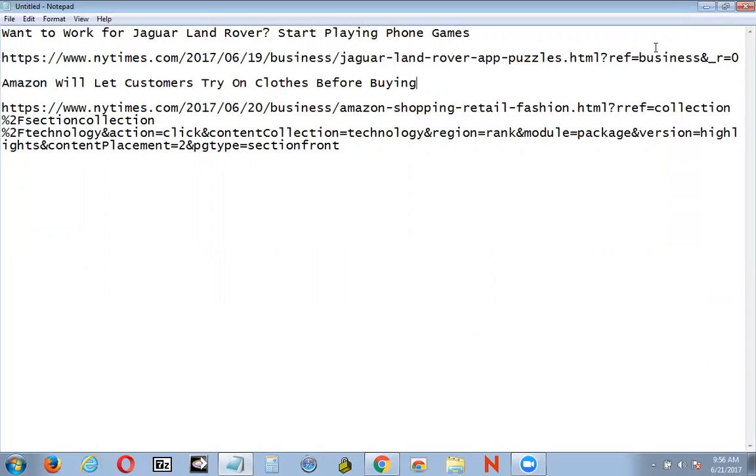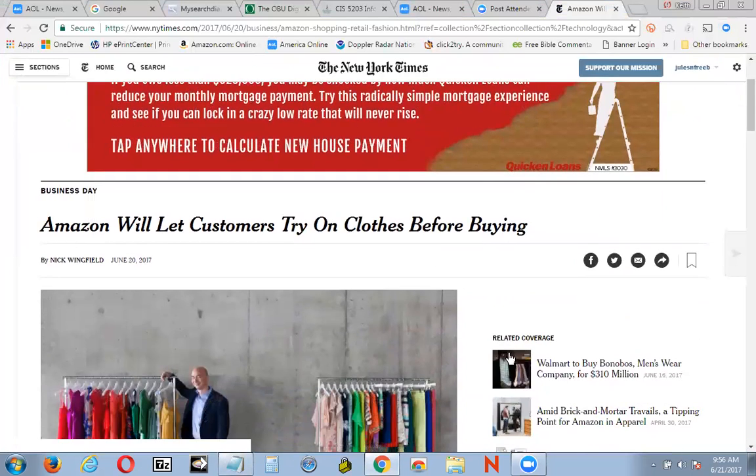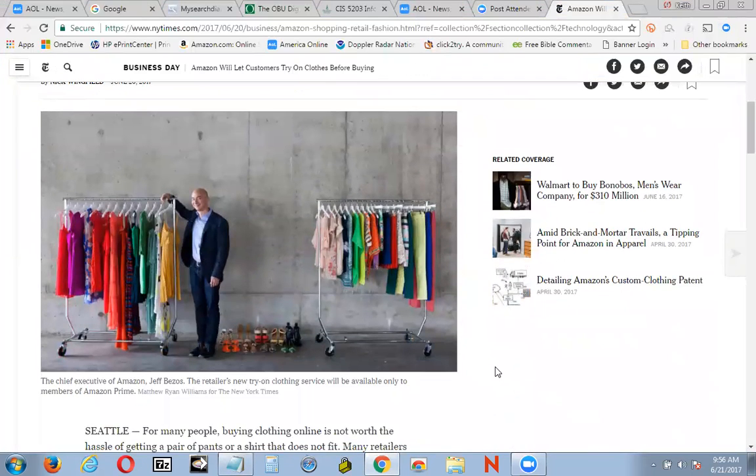Amazon's not the first company to do this. There are others that failed, but what they're trying to do is to utilize their funding, that is through Amazon Prime. People pay, I think it's $99 a year or something. And so if you're a member of Prime, you can try stuff on. If it fits you, fine.